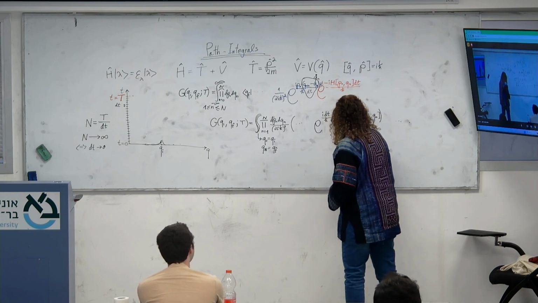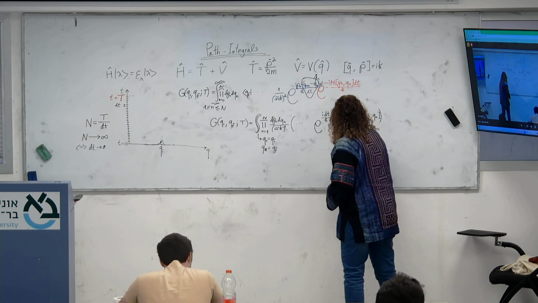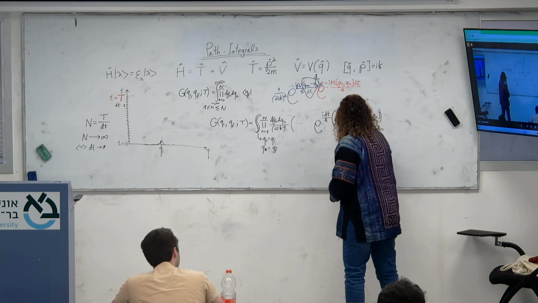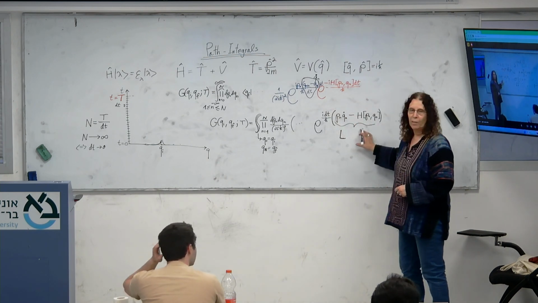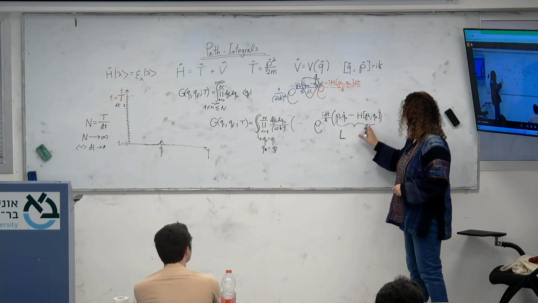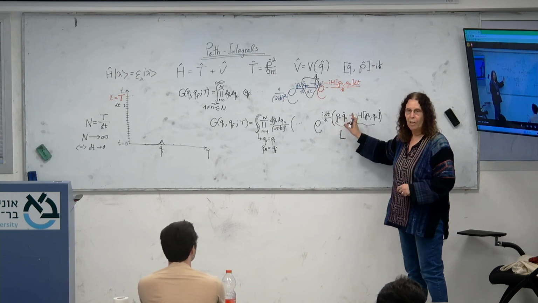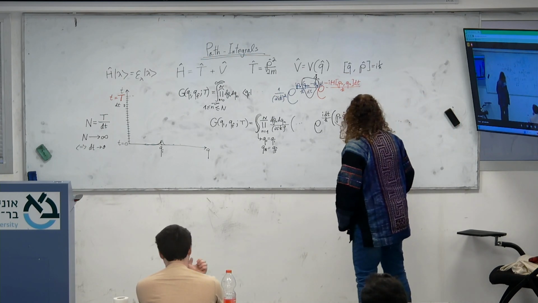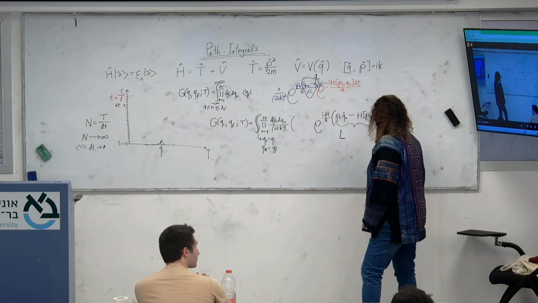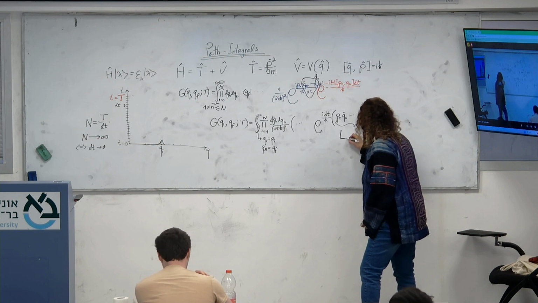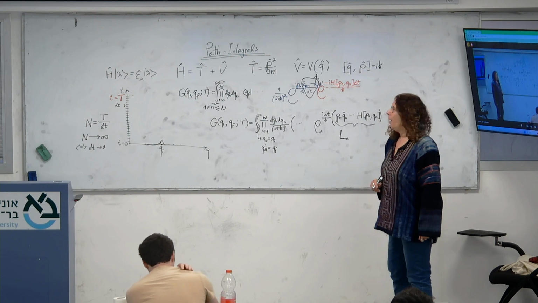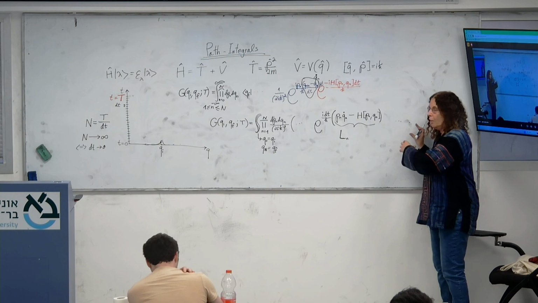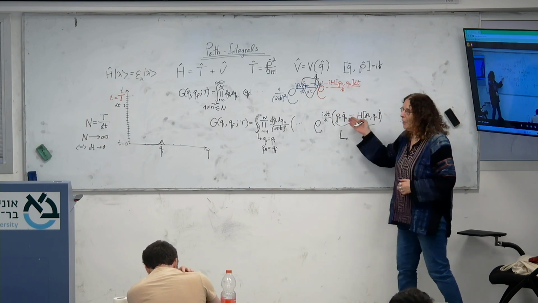Let me just call it L. But I still don't want to call it a Lagrangian because it's still dependent on both P and Q. We'll have to do one more step to get to a Lagrangian, but this is where we're heading. So let me call it L_n for now. Now, what I have here is a product of such things appearing in the exponent, but they are all numbers.